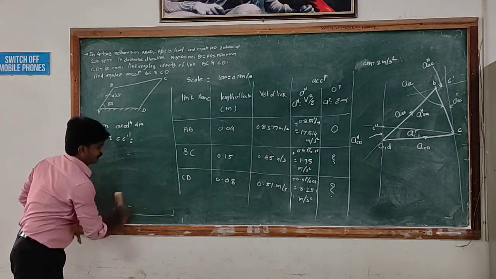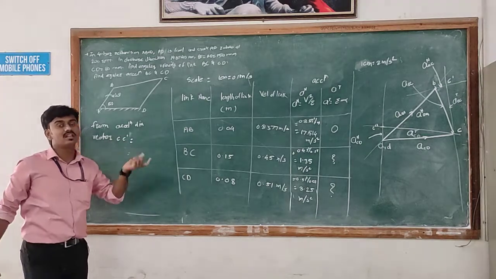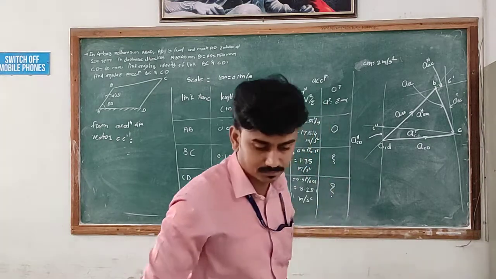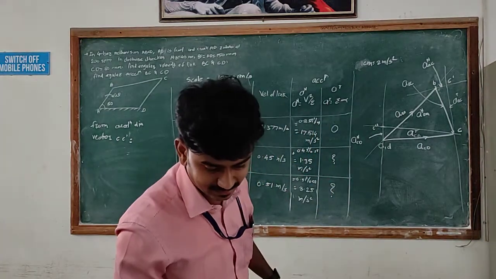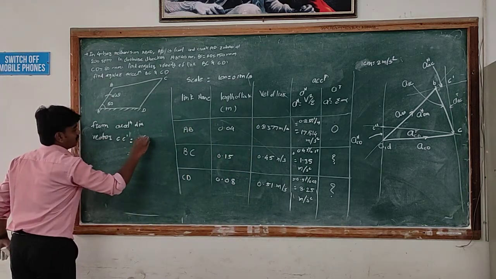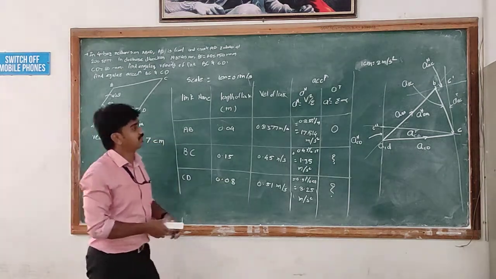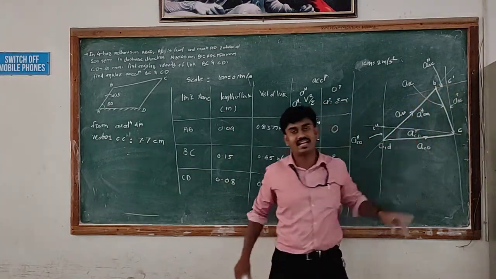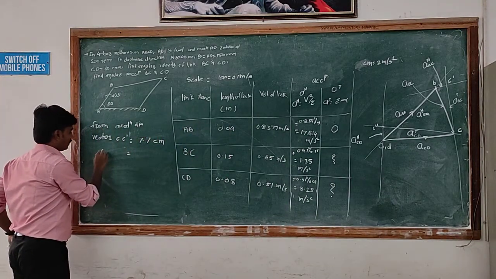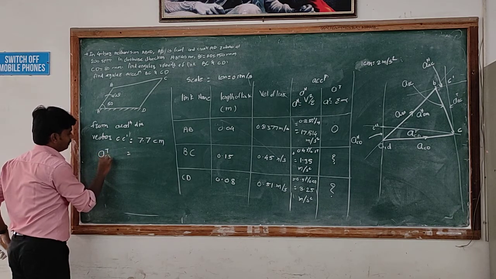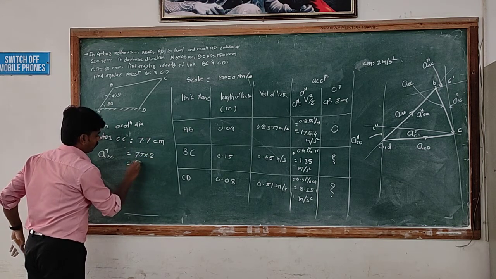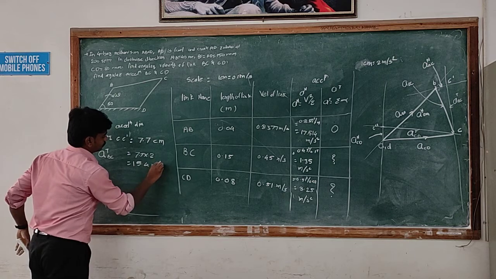If we measure this distance from C to C dash, it is 7.7 centimeter. Multiply it by the scale, and we get the tangential acceleration of the link BC, equal to 7.7 into 2, which is 15.4 meter per second square.